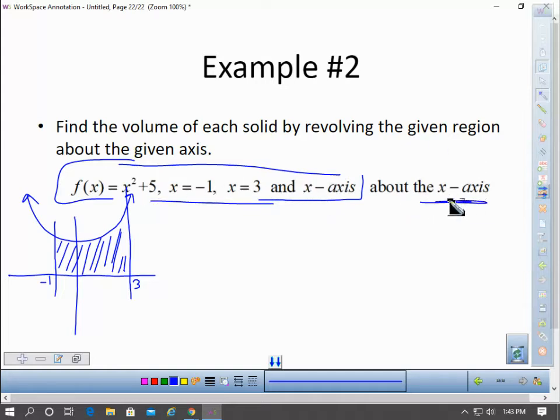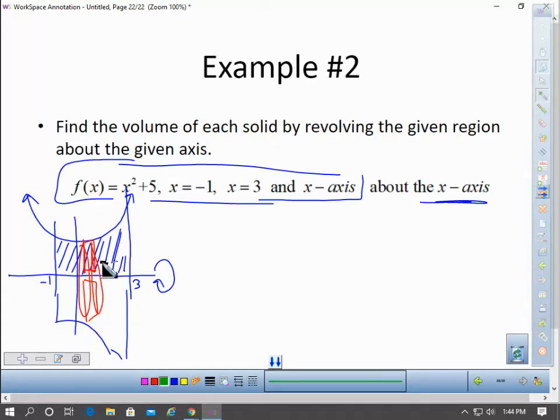Now I'm going to rotate that area around the x-axis. So we're rotating this around the x-axis. So this little funky shape is going to come down here like this, and we're going to rotate in a circle. Okay. So if I take one of my little rectangles, here's my little rectangle, it's going to come down here and it's going to rotate in a circle. So there's what one of my little discs is going to look like.